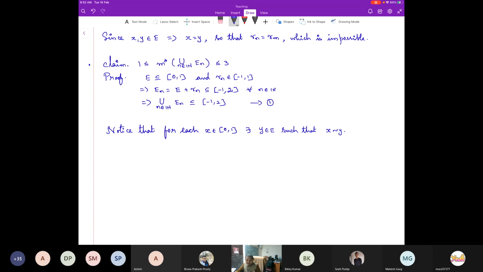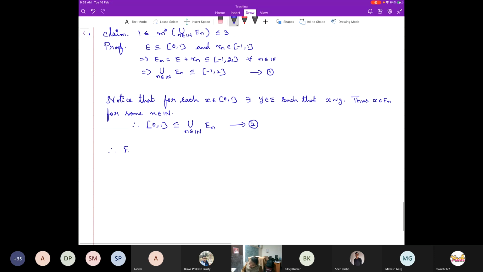That's a different thing. And therefore, x belongs to En for some n in N. Therefore, this [0, 1] is contained in the union. This is number 2.